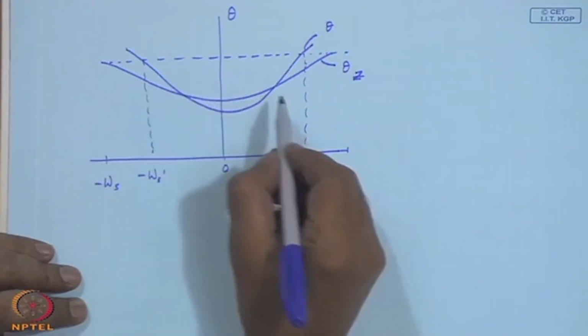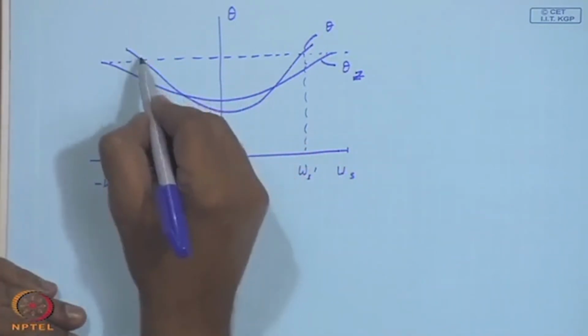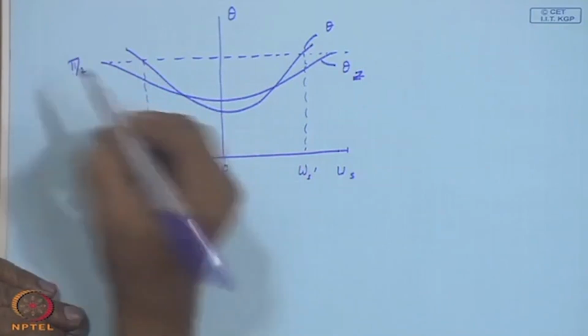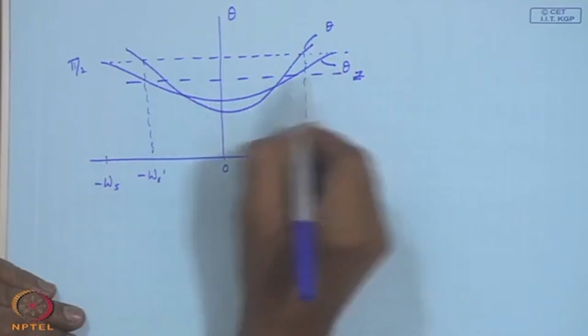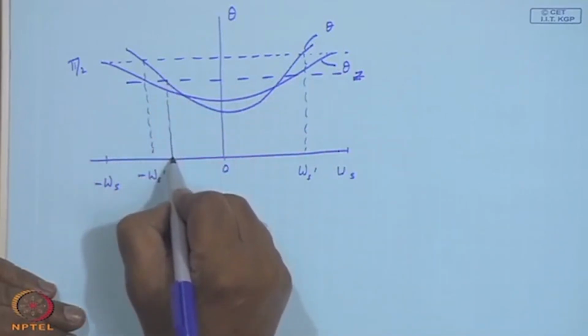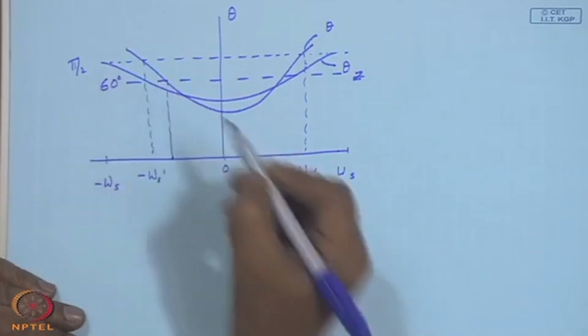So, now this may be 30 degrees, 40 degrees, this we know is pi by 2. So, somewhere here this will be 60 degrees.